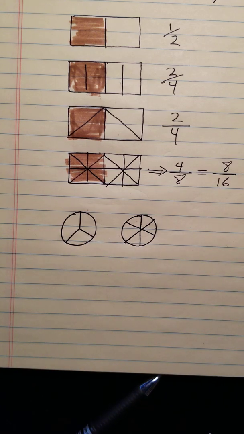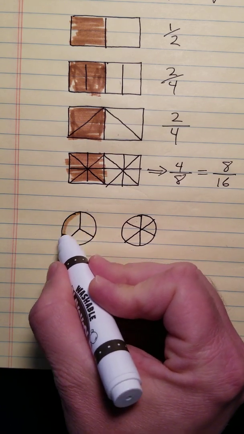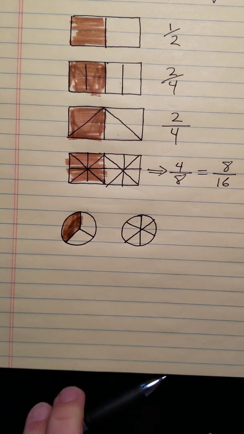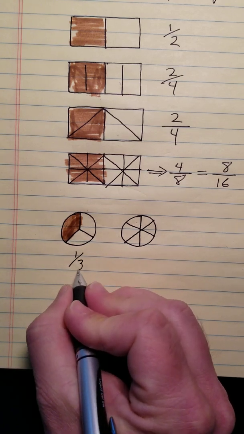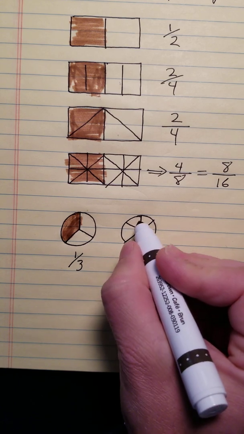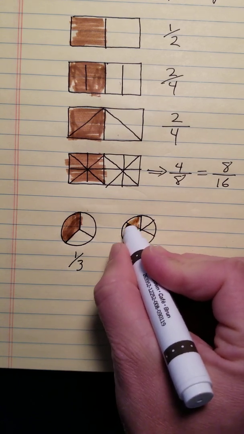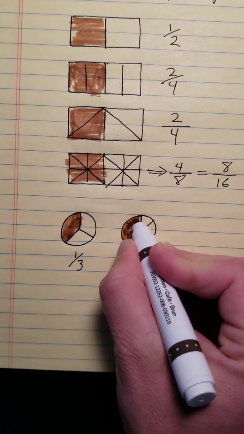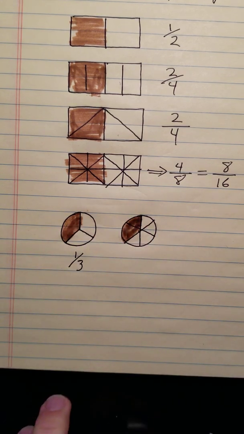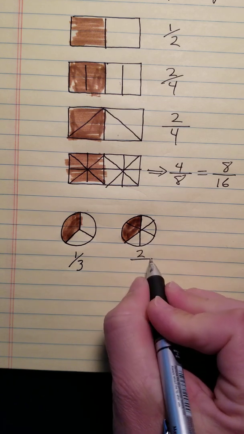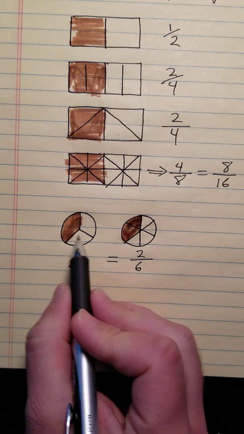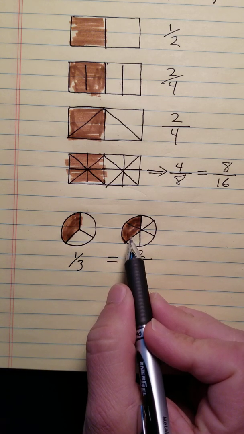So this one is 1/3. Let's color in the same amount of area, but I need 2 pieces of this one to equal 1 piece of that one. 2/6. And it's equal because if you eat this much cake, it's the same as eating this much cake.